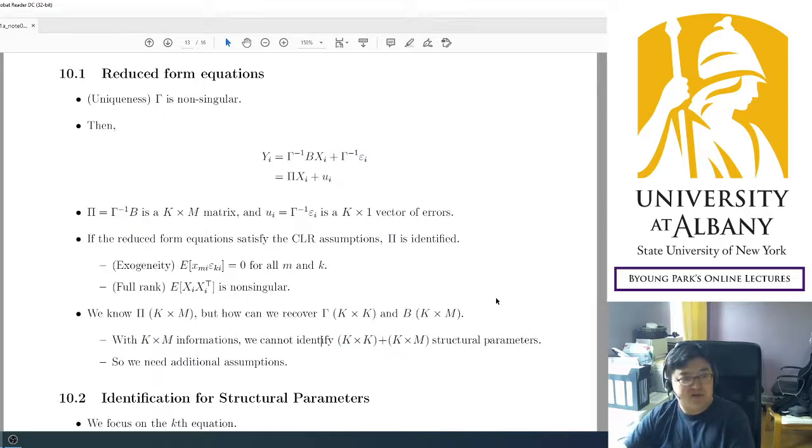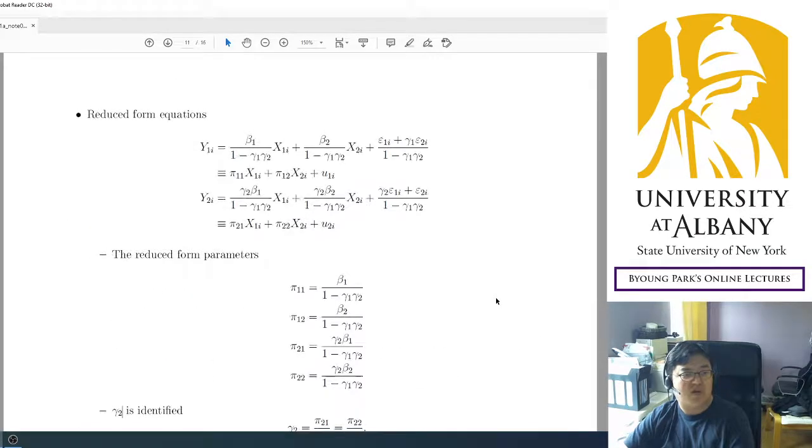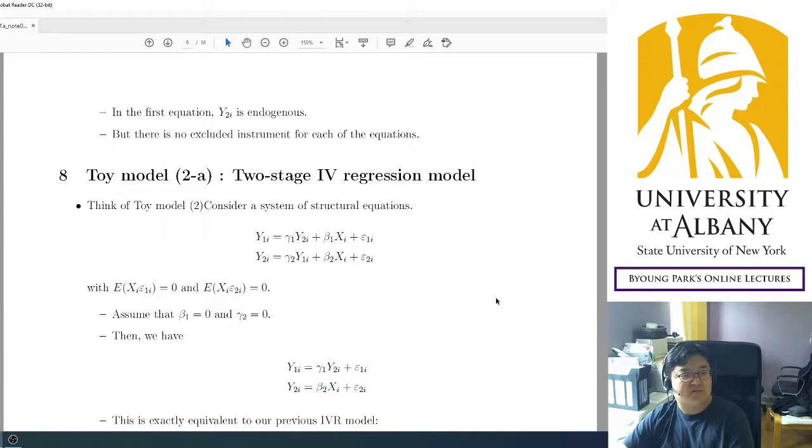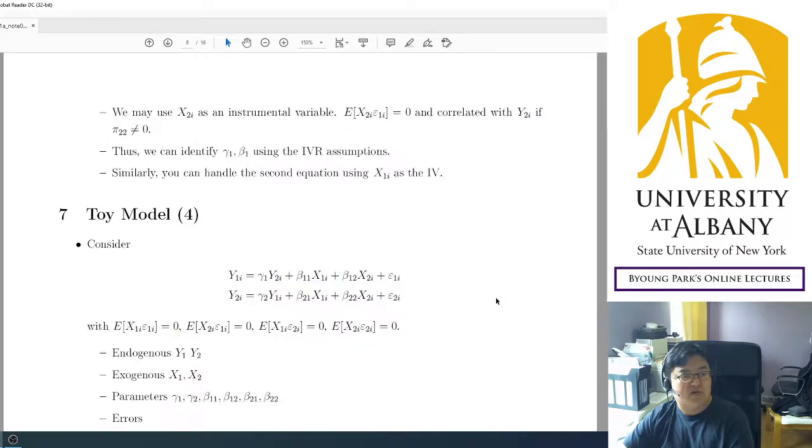This is similar to the case of the 2x2 model. This is the general model, but still it has assumptions. First, the coefficient of this is 1, and the coefficient of this is 1. So we already have two restrictions. Still it is not identified.